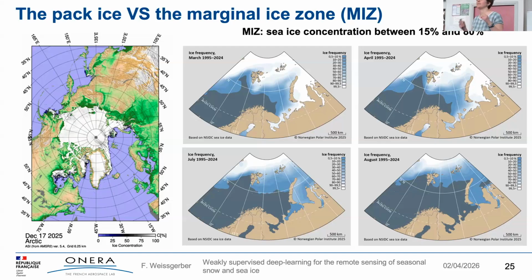So it's really an area where you could maybe navigate, but you have to be very careful when you do it. So we want to measure a lot what happens in the marginal ice zone, and we can see its retreat. So this is Svalbard, at the north of Sweden, and we can see that we have less ice there in July, and then ice is coming back in September.